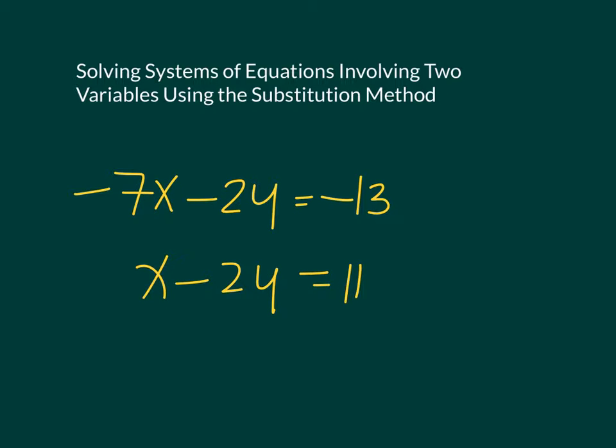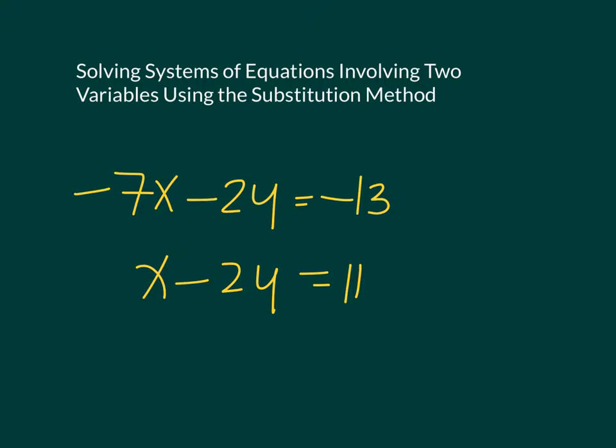So how do we know if the substitution method is an efficient way of solving systems of equations involving two variables? For me, what I do is I check the coefficients of x and y. And when you see a single variable with a coefficient of 1, then the substitution method could be an efficient way in solving the systems of equations.